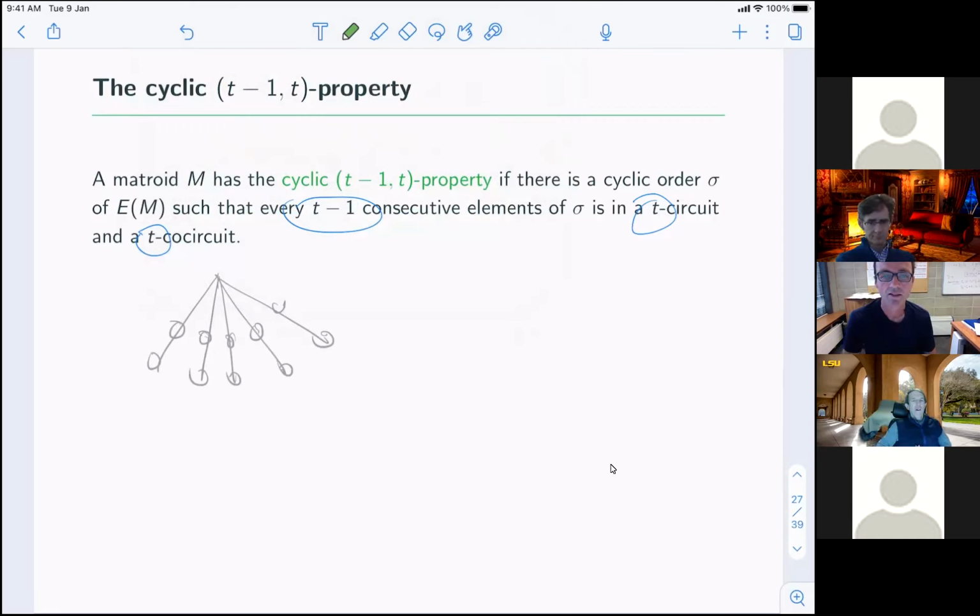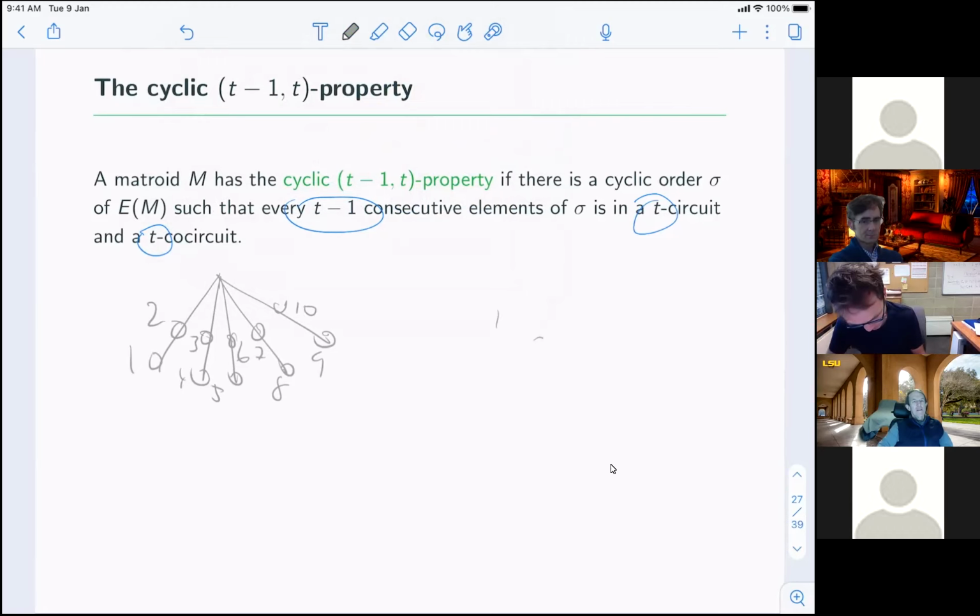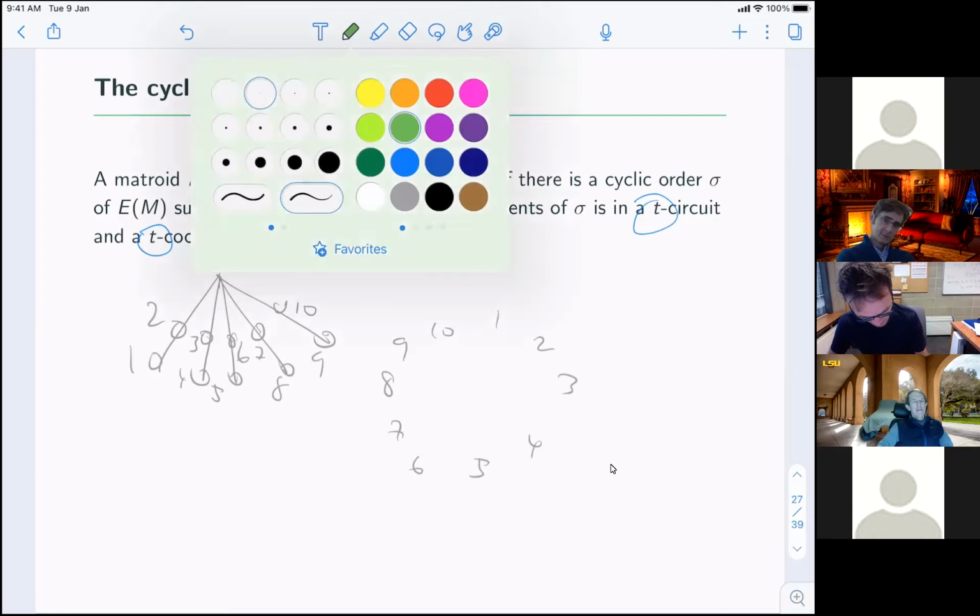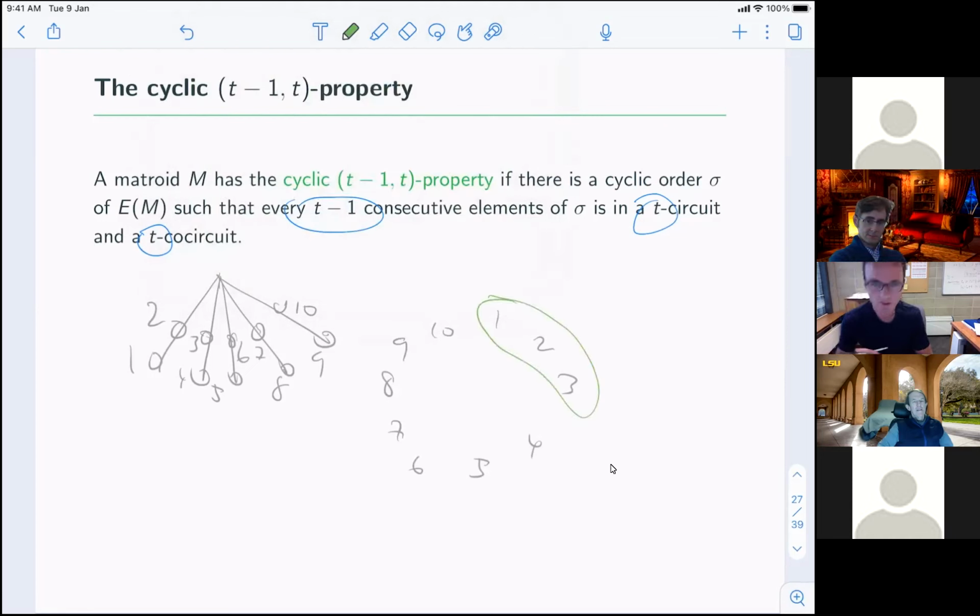If I do the ordering, there's an ordering where if I take any 3 consecutive elements, 1, 2, 3, that's both in a 4 circuit and a 4 co-circuit.